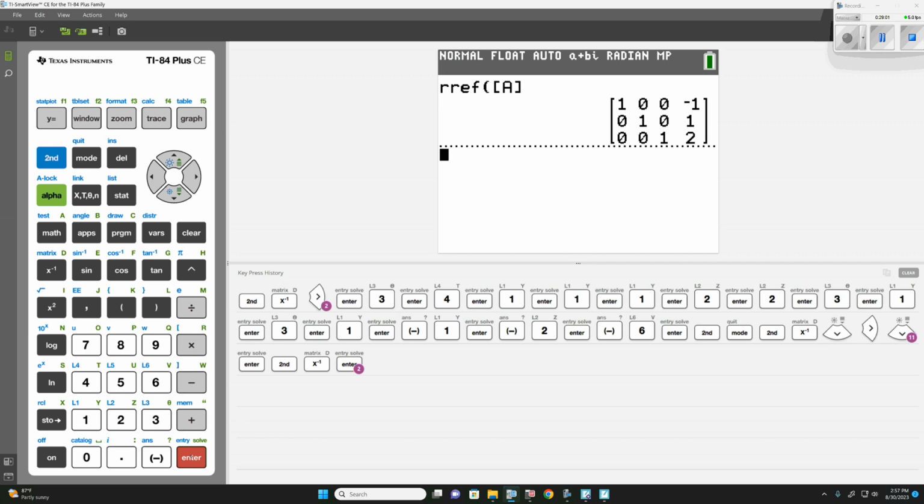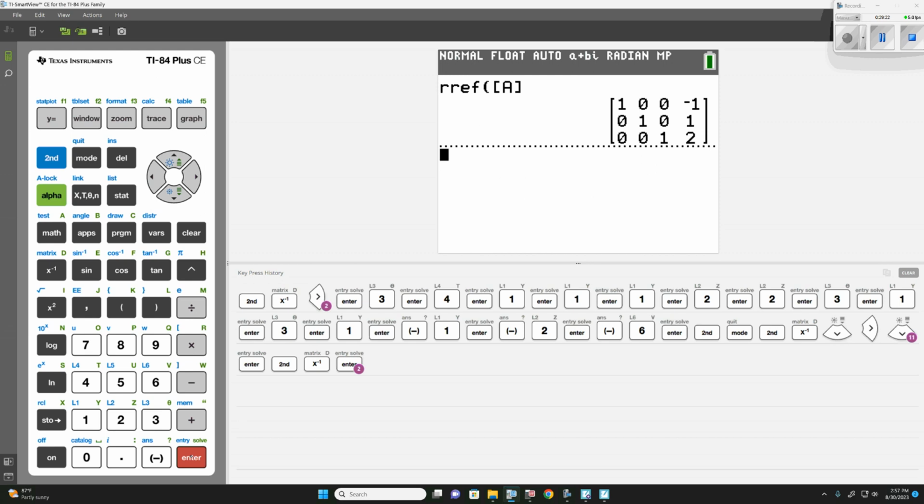Then we go second quit, second matrix over to math. We find RREF. Second matrix A. And we get this here. I think you just typed in the matrix that it had before. It didn't type the whole thing in.